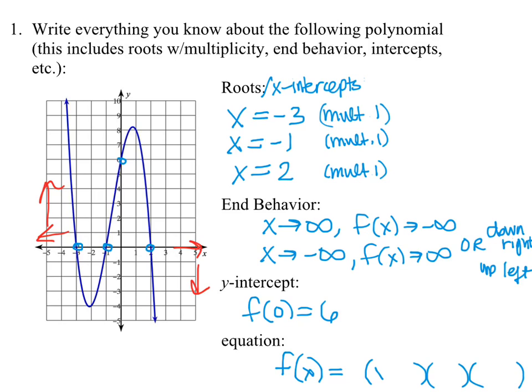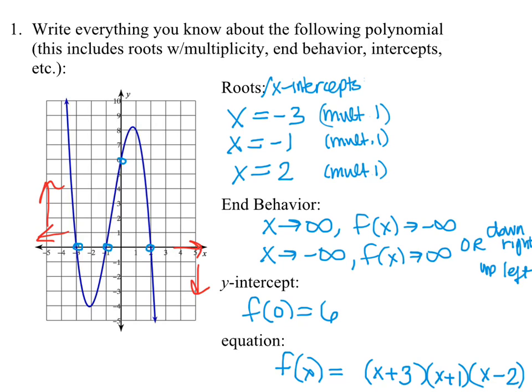So instead of x minus 3, it's going to be x plus 3, because I'm trying to get -3 as the answer. If I have x plus 3 equals 0, subtract 3 from both sides gives me -3. For the same reason, I'm going to have x plus 1 and also x minus 2.